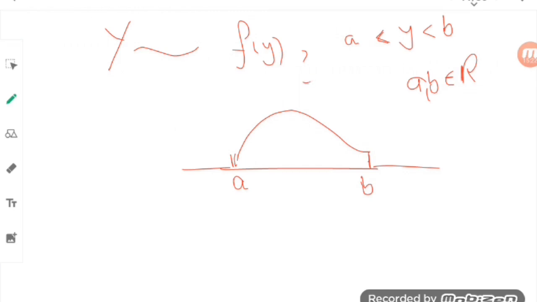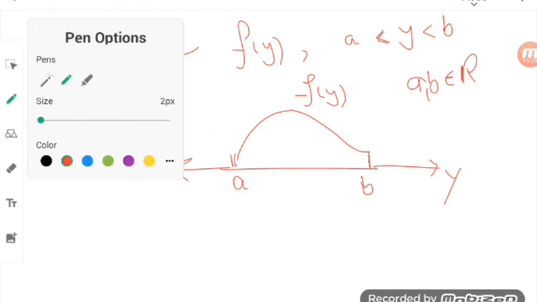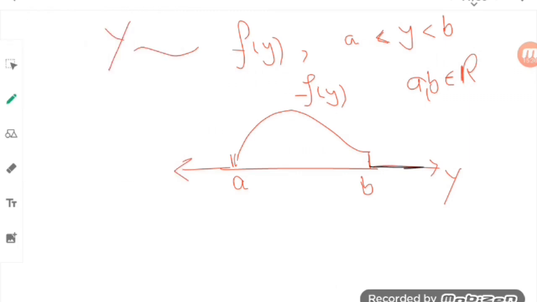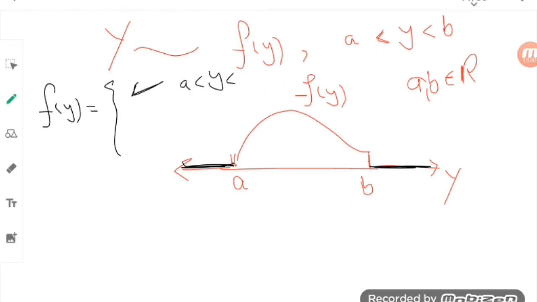This is our PDF. Out of this support, the value of the PDF equals 0. So we say that f of y equals a certain value here while y is between a and b, and 0 otherwise.